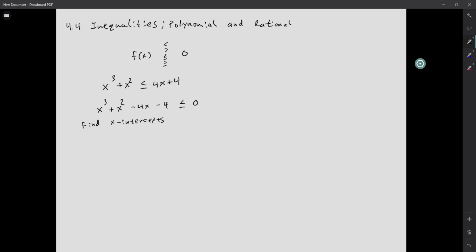Fortunately, this is one that we can do by factor by grouping. So out of the first pair, I can take out x squared, leaving me with x plus 1. Out of the second pair, I can take out a minus 4, and that'll leave me with an x plus 1.